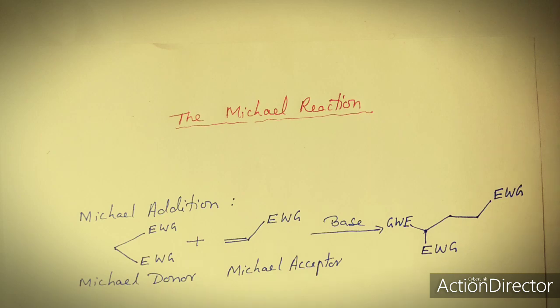Or we can also say that it's the addition of a carbanion to an alpha-beta unsaturated carbonyl compound. One of the most useful methods for the mild formation of carbon-carbon bonds.